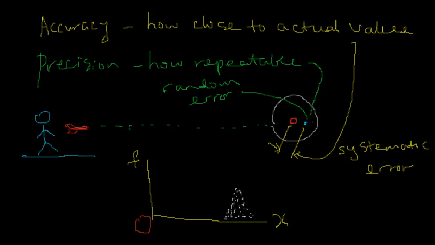But because all these aims are quite far from the bullseye where he really wants to be, this distance becomes the systematic error. Okay, so let me draw systematic error. So this value here would therefore correspond to the systematic error.